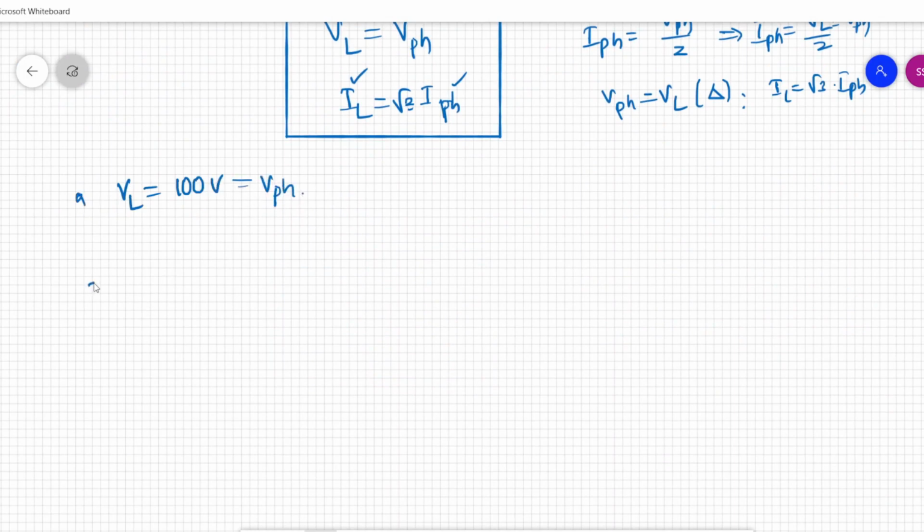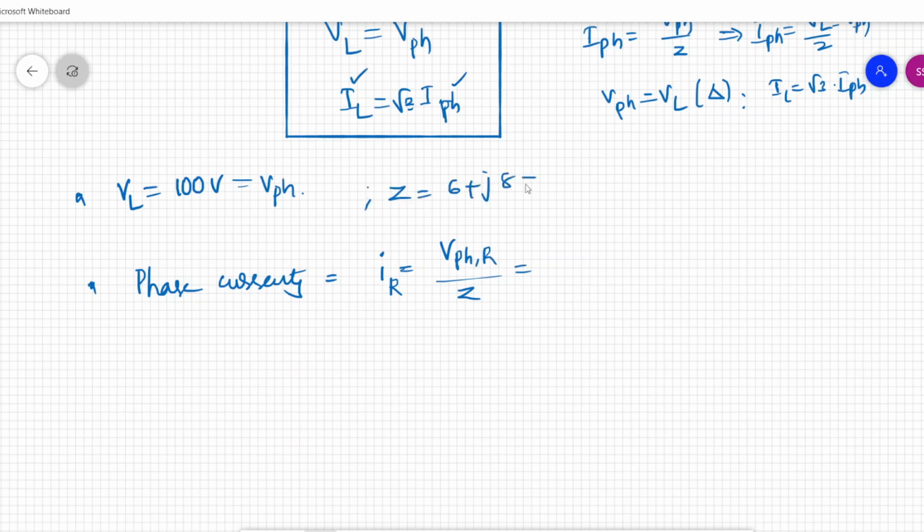Okay, now we are finding phase currents. If we can find one phase current, you can find others by displacing 120 degrees. So ir equals V phase by impedance. The impedance here is 6 plus j8, which is 10 at an angle of 53.12 degrees.